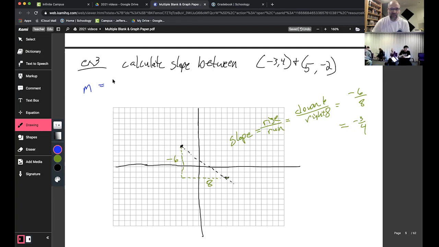Okay, so I'm going to say 4 minus negative 2. So see how this is y1 and y2 over negative 3 minus 5. Okay, so that gives me a 6. This gives me a negative 8. So positive divided by a negative is a negative. Reduce that, 3/4.